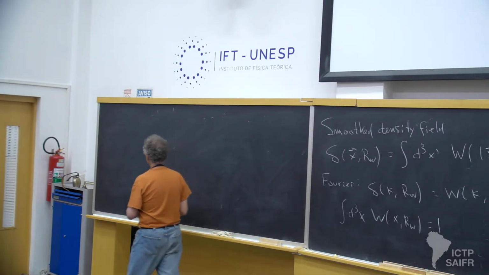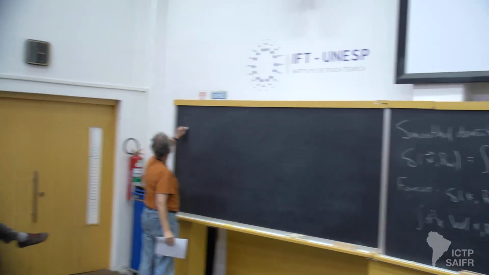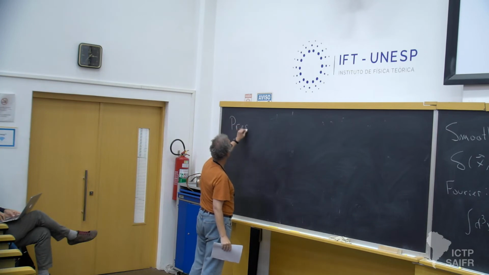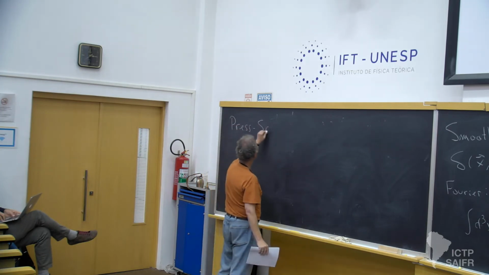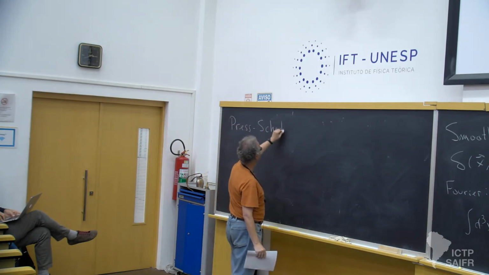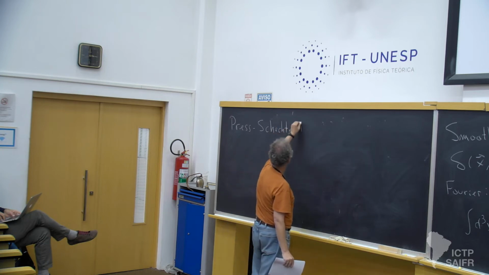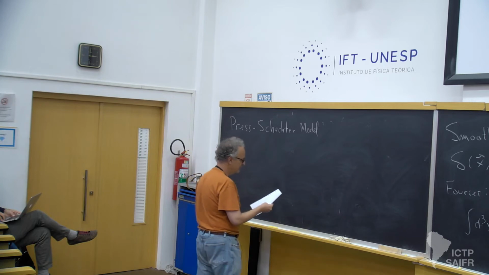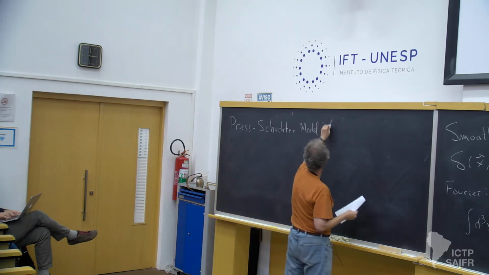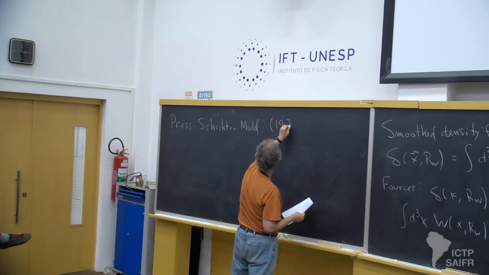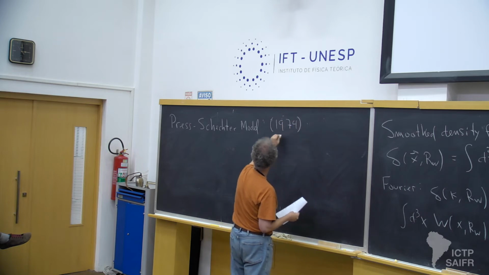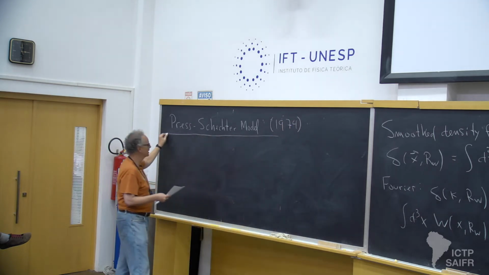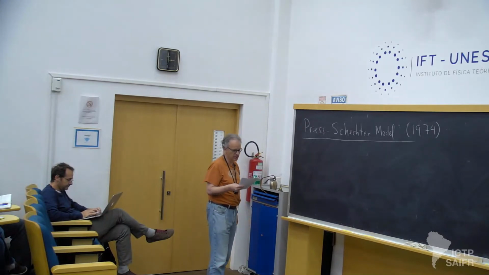That's called the Press-Schechter model, which is very old. This is from 1974. So this is very simple.